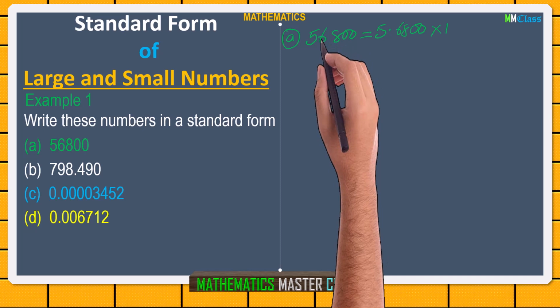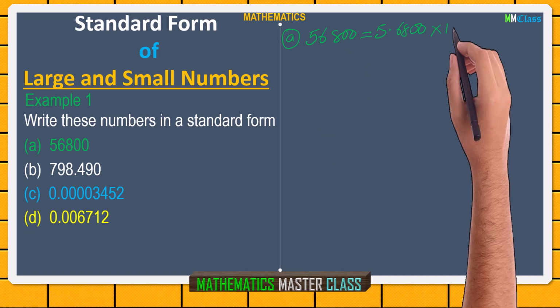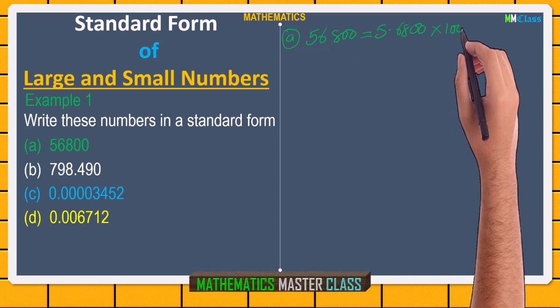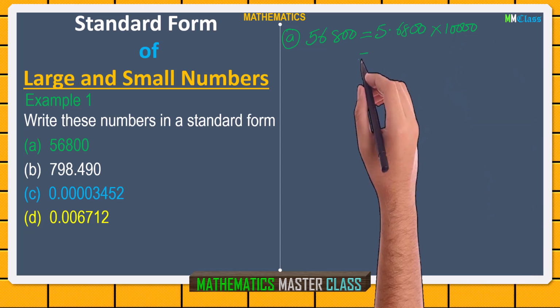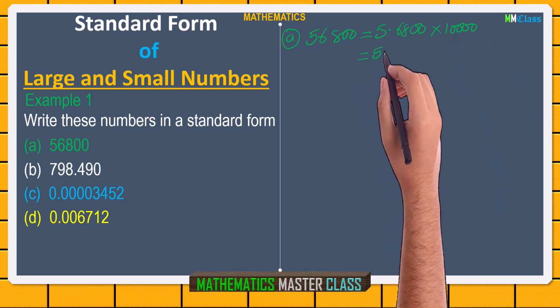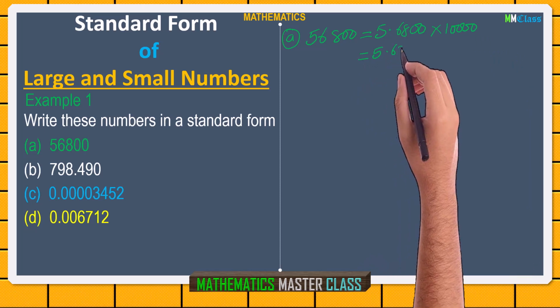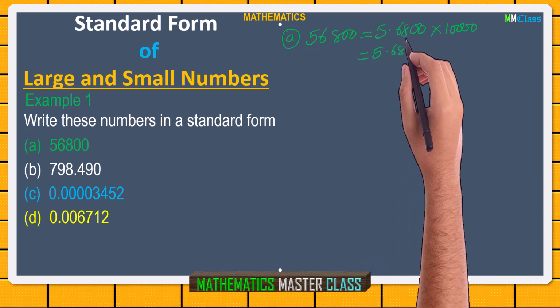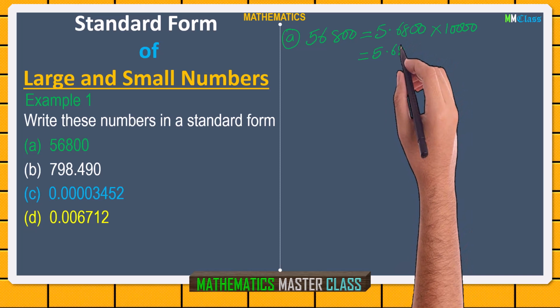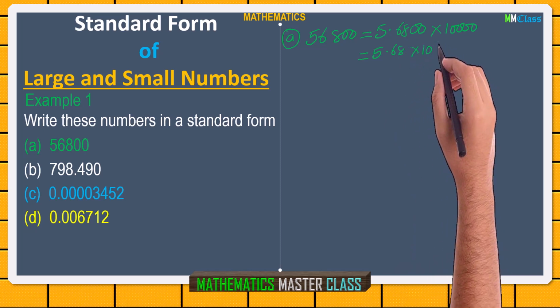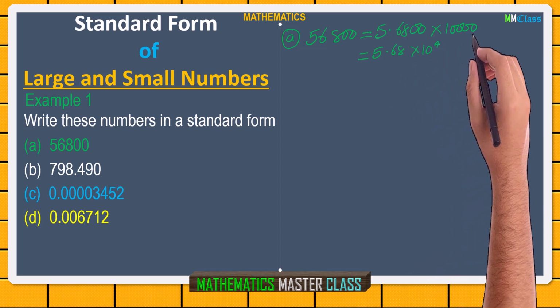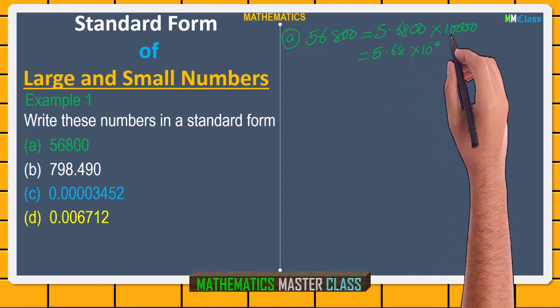So we have moved the point 4 times. So we are going to have 4 zeros here. So if we continue, we now have 5.68. We have to write this one in 2 decimal places. That is approximation. Times 10 raised to the power of 4, because we have 4 zeros. 1, 2, 3, 4.